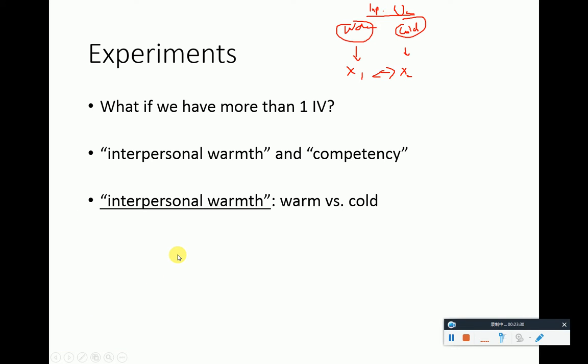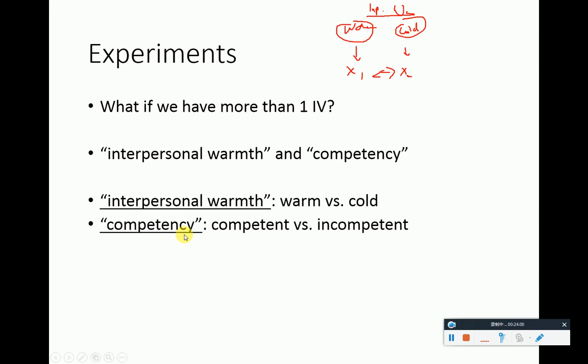So the starting point is very easy and similar. We proceed as such. First of all, we perform manipulations to each factor, treating them as independent, separate factors, which is true. For personal warmth, as usual, we describe this person as warm or cold.